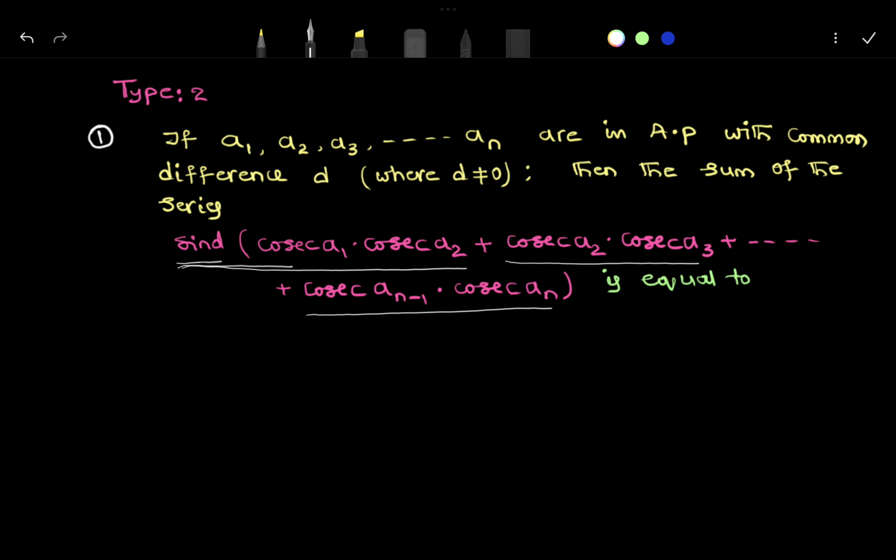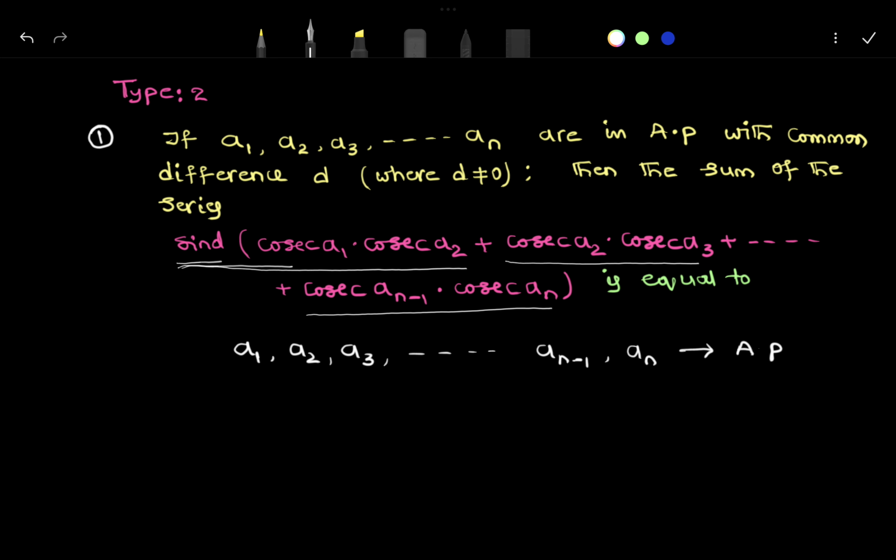What is that first given condition? a1, a2, a3 and so on, an minus 1, an, these are in arithmetic progression.